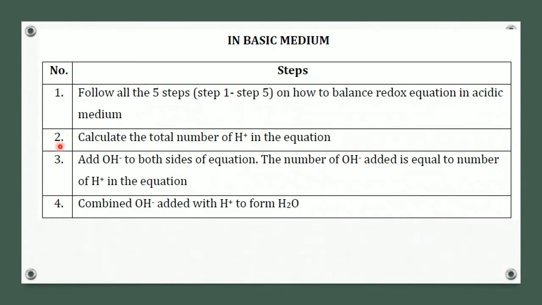So we need to calculate the total number of H⁺ in the equation, and then we're going to add hydroxide ion to both sides. So the number of hydroxide ions added is equal to the number of hydrogen ions in the equation. Then we combine the hydroxide ion with the hydrogen ion to form H₂O. So in basic medium, normally we will have the hydroxide ions being produced. That's why we are adding hydroxide ion to cancel off the hydrogen ion.